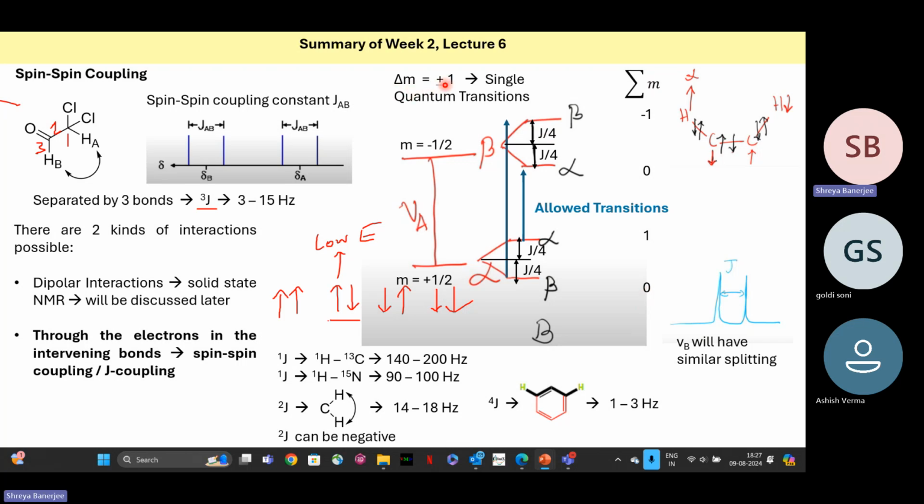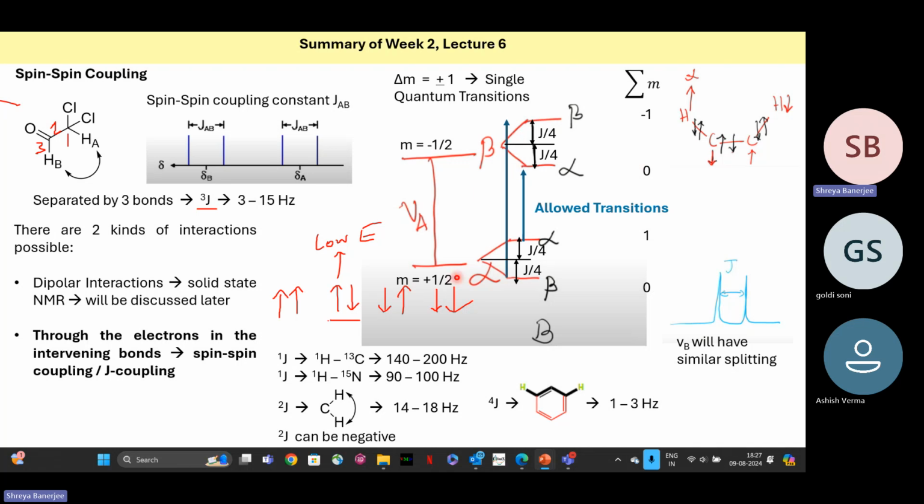If you do that, you will see that there are only two allowed transitions. From alpha beta, look at the blue lines. From alpha beta, you can go to beta beta, because alpha beta has M 0 and beta beta has M minus 1. So this is an allowed transition. Delta M is minus 1. Again, from alpha alpha, you can go to beta alpha, because M is changing from 1 to 0.